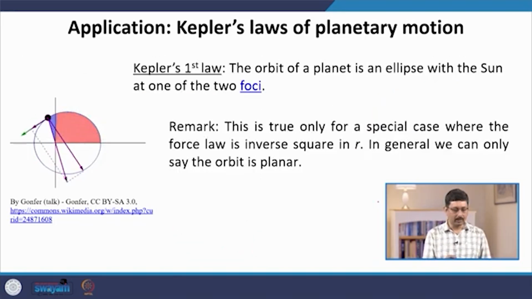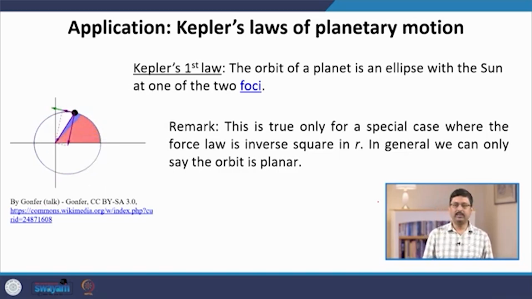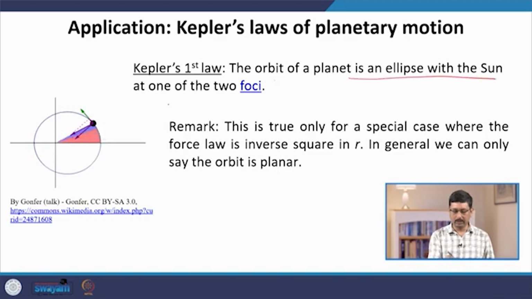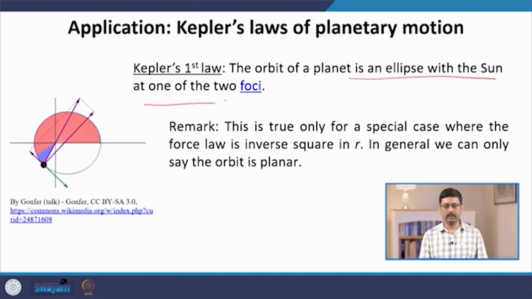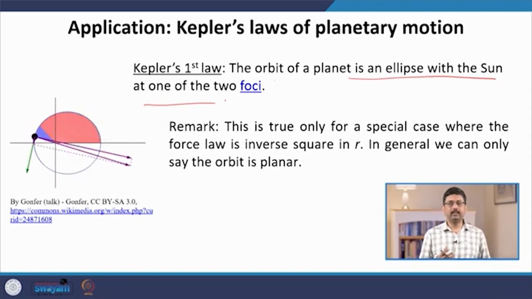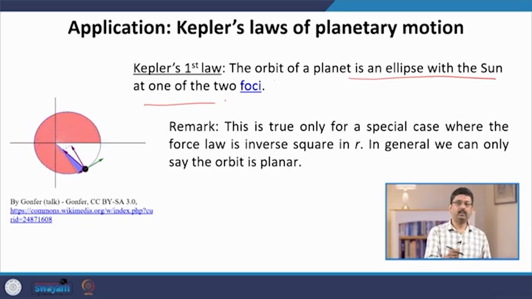I also mentioned the nature of the trajectory. So, Kepler's first law says that the orbit of a planet is an ellipse with the sun at one of the two foci. From this simple analysis of the conservation of momentum, we can only say that the planet must move in the same plane.